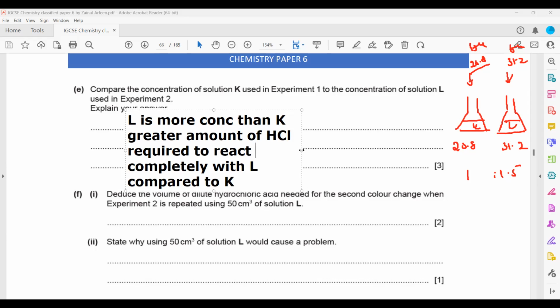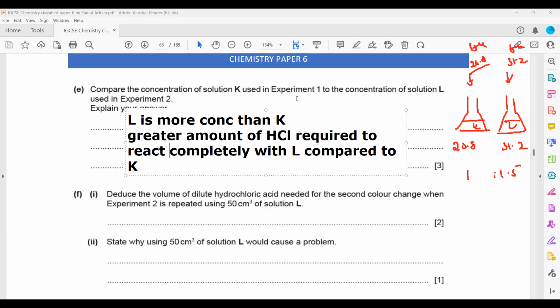You can just compare the volume ratio. How can you do it? You divide by the same number. For example, if I divide both of them by 20.8, the smallest number in the ratio, I'll get the simplest ratio.